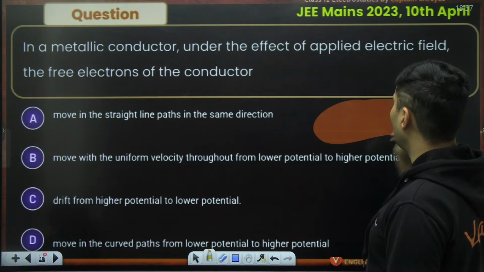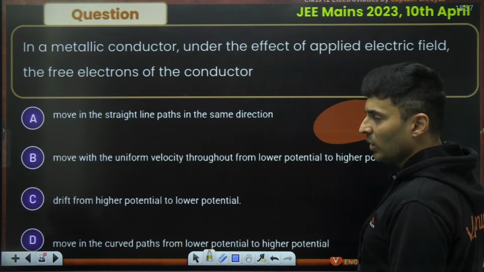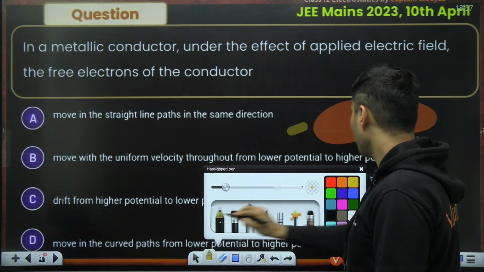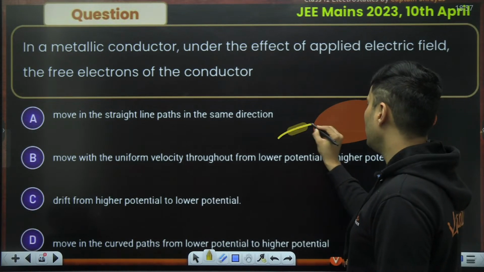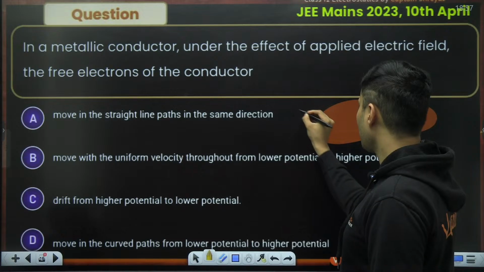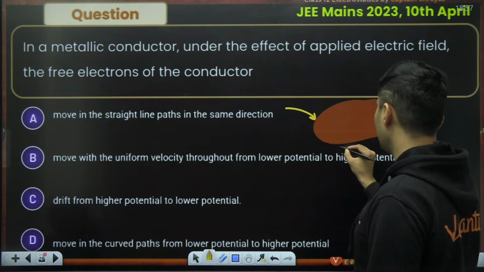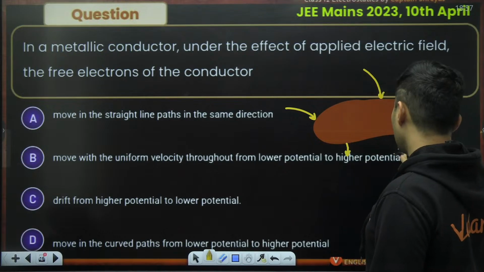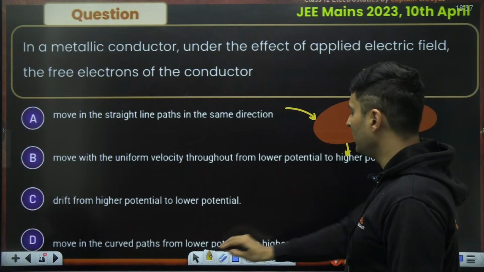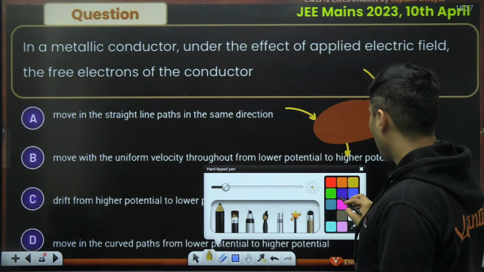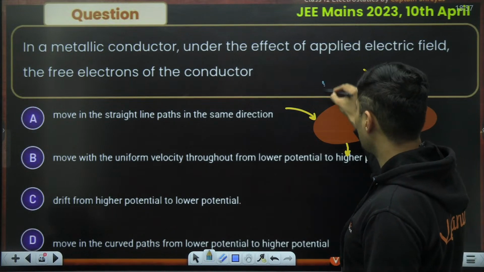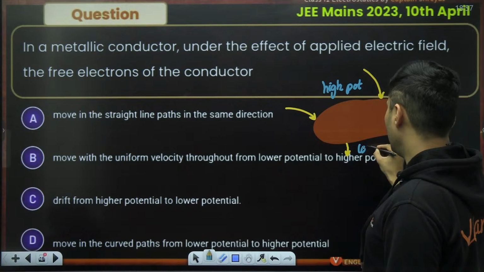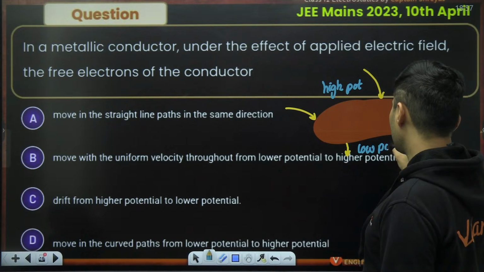So in a metallic conductor under the effect of applied electric field, what will happen the moment you apply some kind of electric field over here? Maybe that electric field will go like this. Electric field always goes from high potential to low potential.